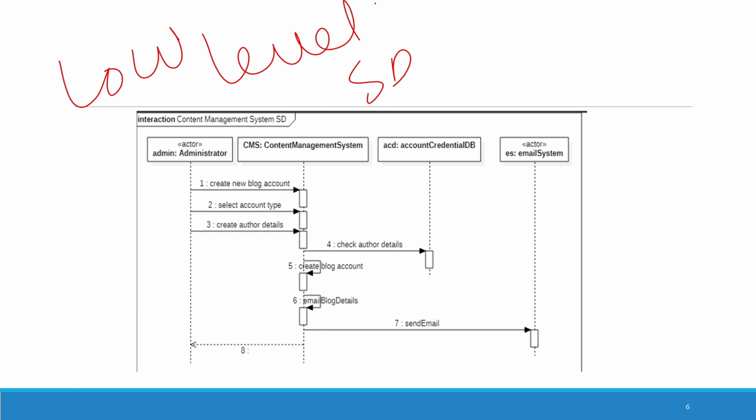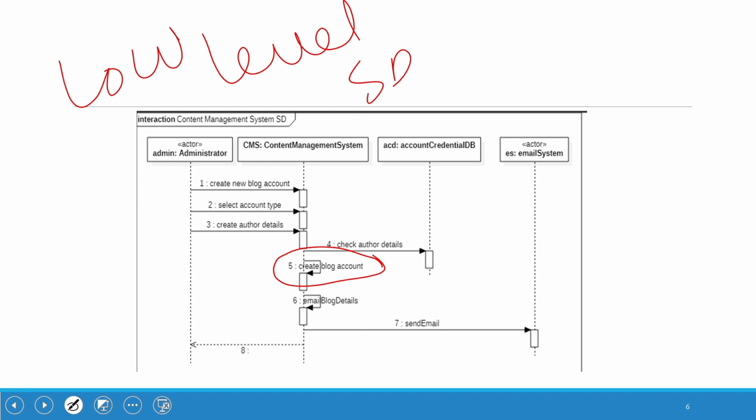We are going to insert some details. Then the CMS will invoke the account credential database to check the author details. Also, there is a self message, that is create blog account.